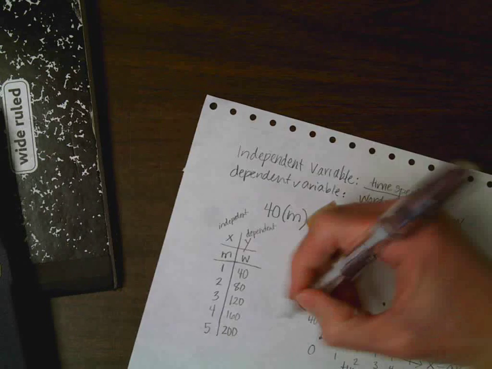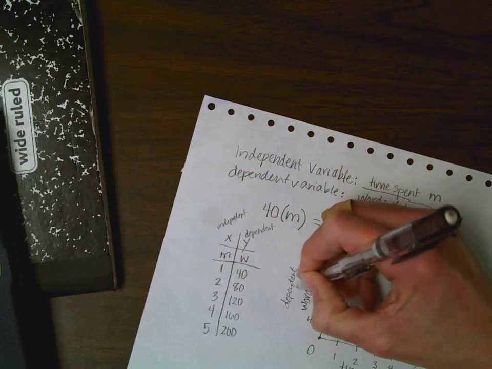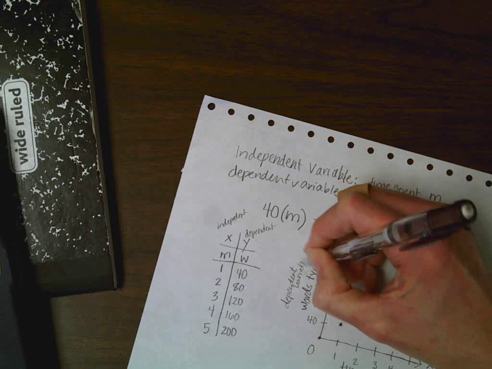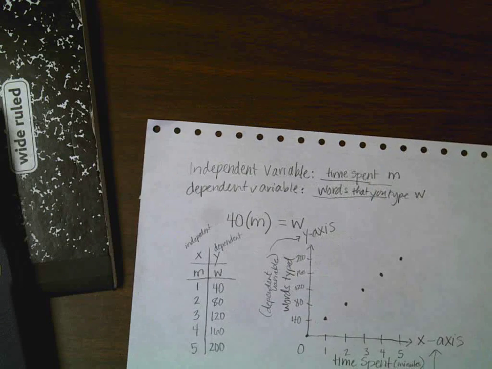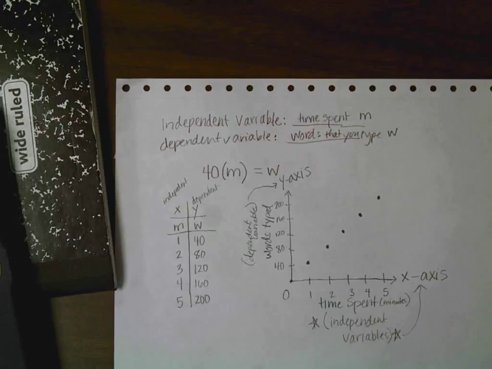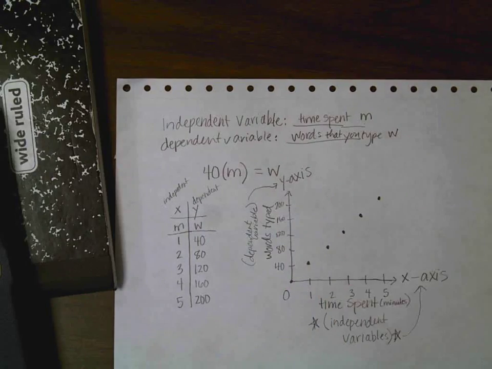The dependent variable is always on the y-axis. You got to get that in your brain so that you remember. So independent is the x, dependent is the y. And make sure you have everything labeled so that the person who's reading your graph can understand what you graphed.